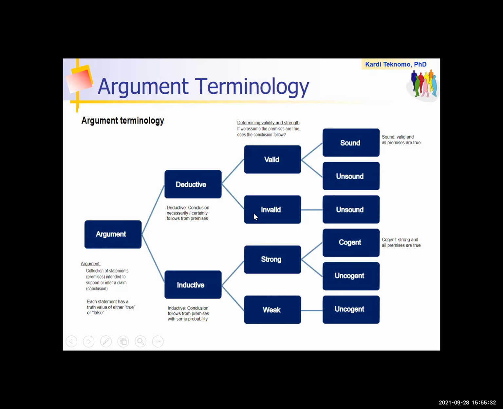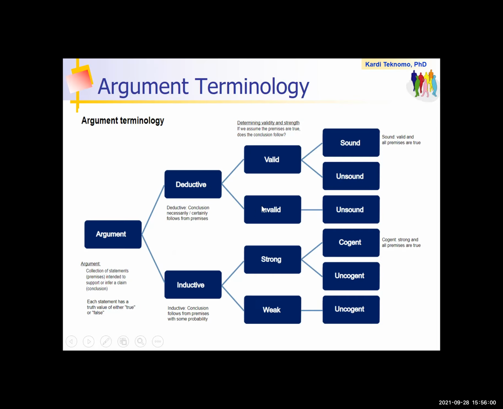So, okay, this is like the summary, okay? If you have an argument, it can be deductive or inductive. How do you say? Deductive, the conclusion necessarily follows from the premises. While in inductive, the conclusion follows the premises with certain probability only.